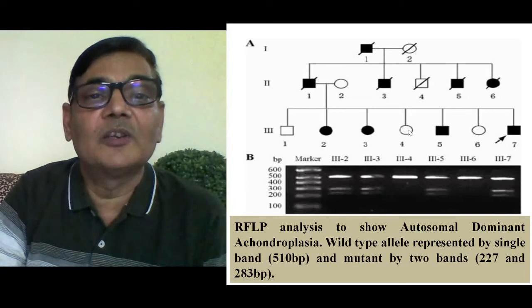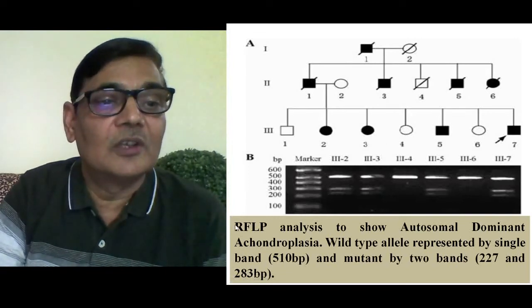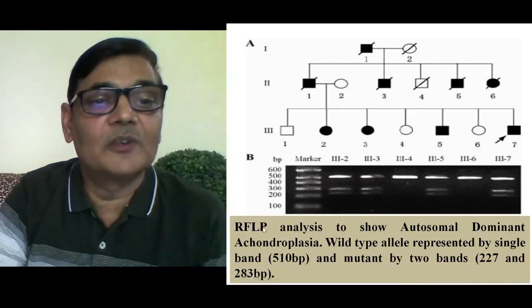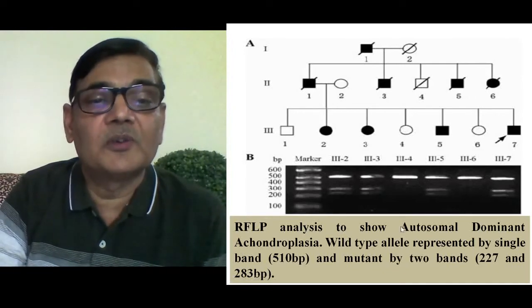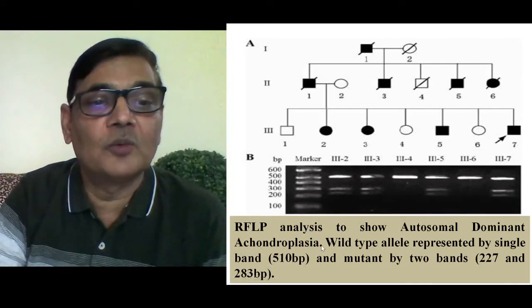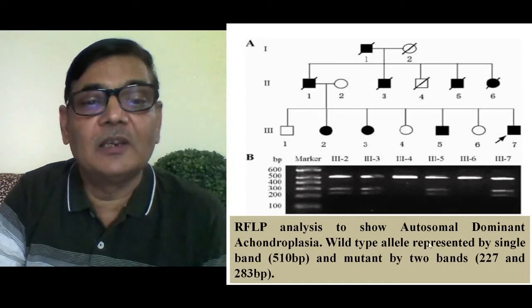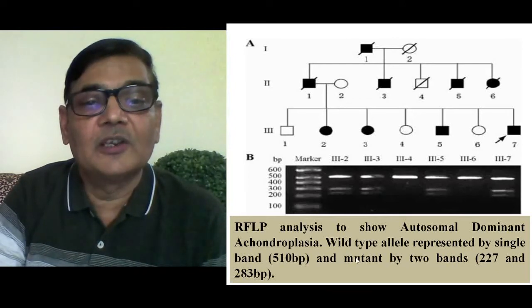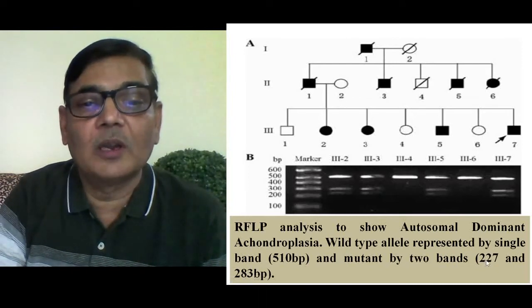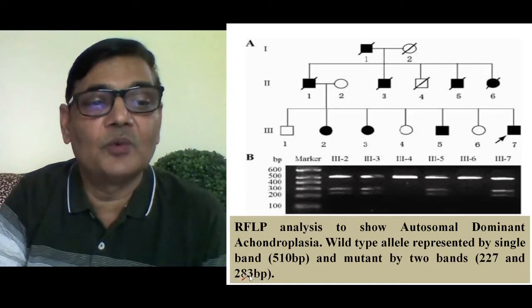But what is important to understand is that in this case restriction fragment length polymorphism analysis has been done, that is RFLP, and the purpose of this analysis is to show autosomal dominant achondroplasia. The wild type allele, wild type meaning normal allele, is represented by a single band of 510 base pair, and the mutant one is shown by two bands, one of 227 base pair and another of 283 base pair.